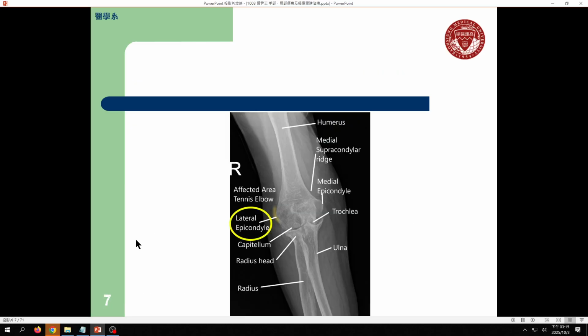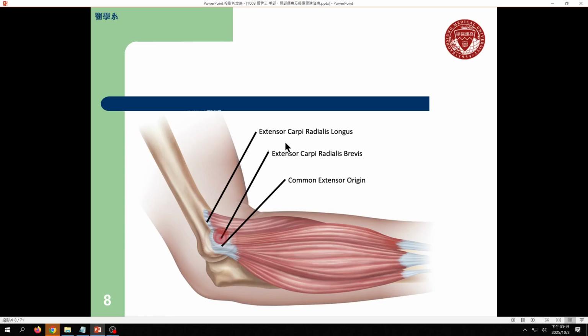So that's a hurt. Why does it hurt? Carpi longus, brevis, and the common extensor are always from here. So that means this area has some problem. What kind of problem? Maybe there's an inflammatory change, or overuse induces inflammation and then induces pain, right?